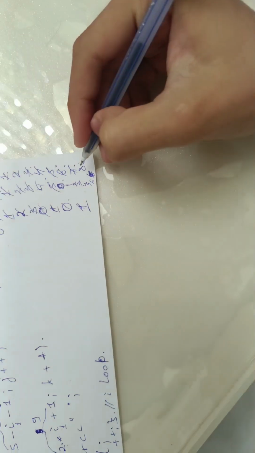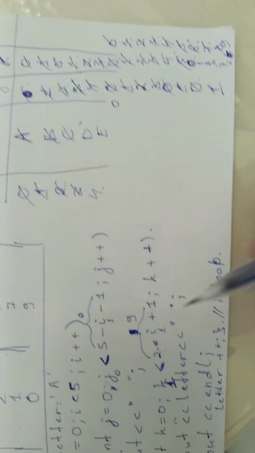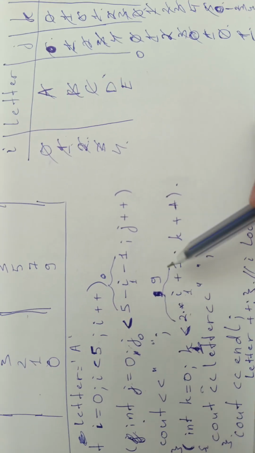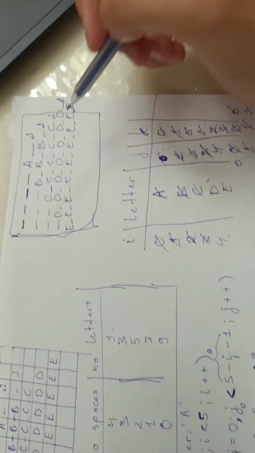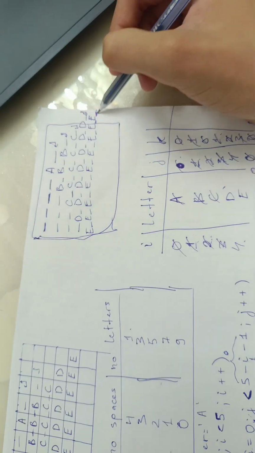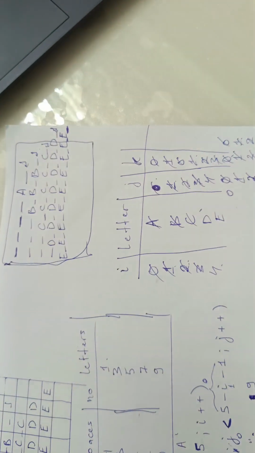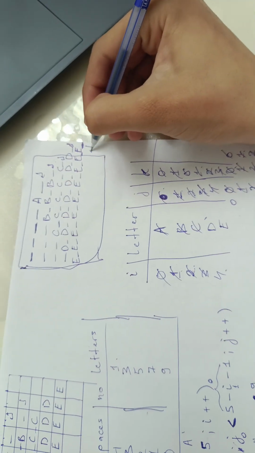Then it checks 9. 9 equals 9, but it's not less than 9, so there will be no output this time. So end line.